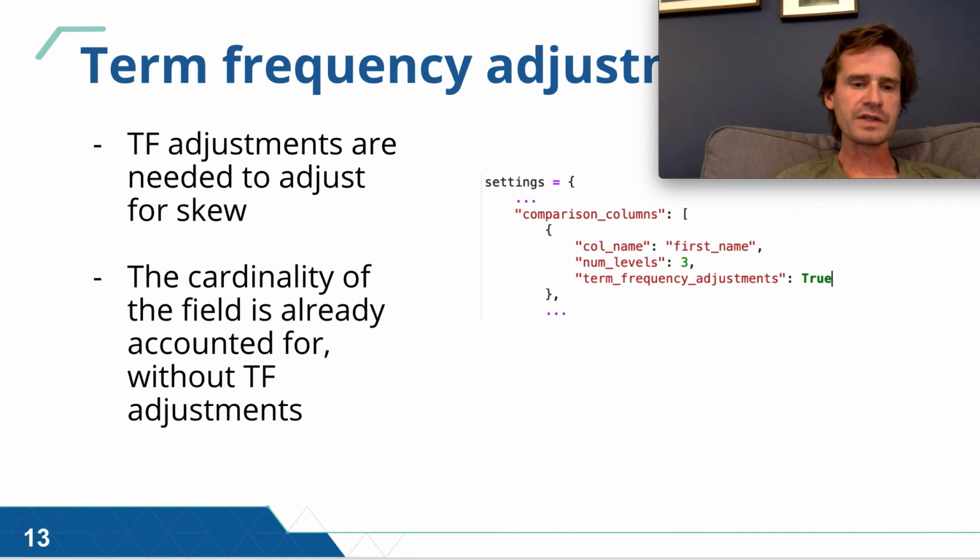It's worth noting that this is essentially equivalent to having a different level for each unique name in the dataset. However, the computational complexity of trying to estimate this during the expectation maximization step is too great, so they're made as an ex post adjustment after the main weights have been estimated.